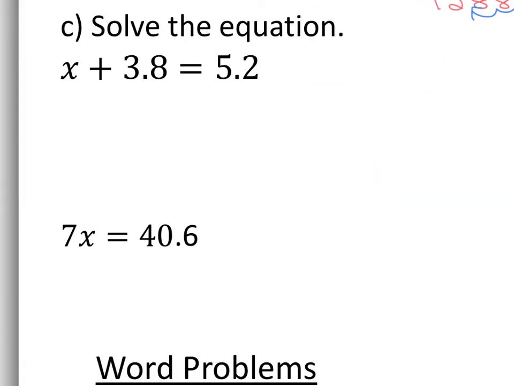Now, after practicing some decimal problems, we're going to solve equations involving decimals. So to isolate the variable x, we need to take the opposite of positive 3.8 and subtract that to both sides of the equation. Bring down the x.